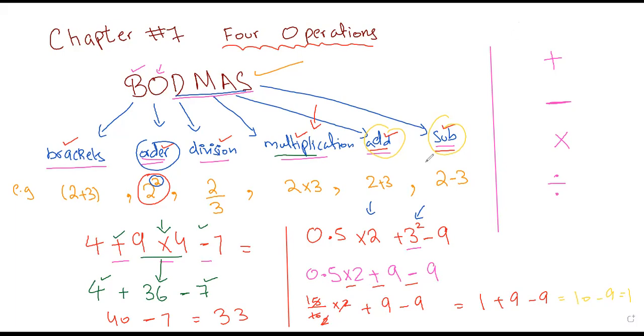All right, so let's talk about the last example of today. That is 0.5 square minus 8 by 10 plus 2 divided by 5.